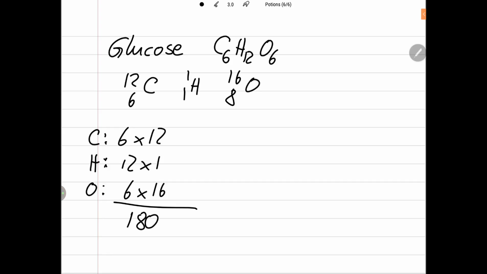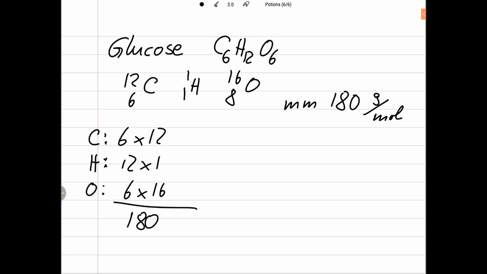So the molecular mass of glucose is 180 what? Grams per mole. You learned something. Never do anything without units. Oh, I think I probably need to refresh quickly because it gets a little bit fuzzy. Yep, we're back in business.